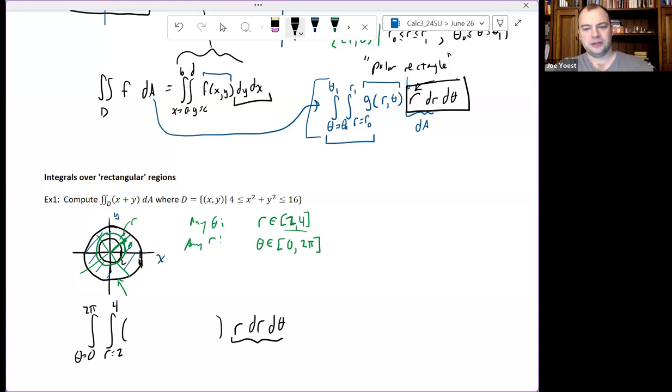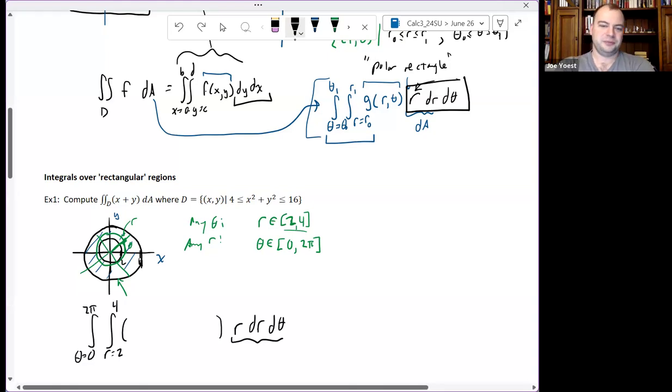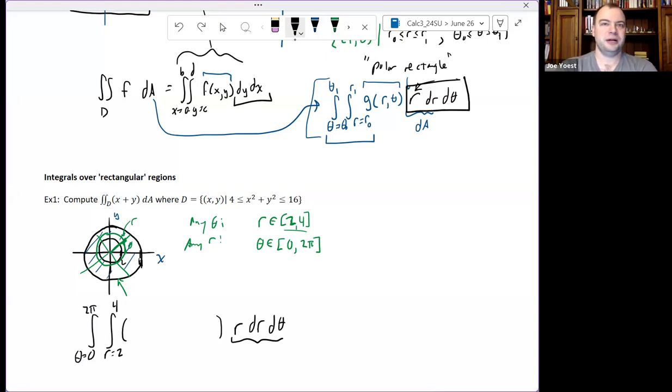Now, the second thing, of course, I can't just do x plus y here. I'm trying to integrate with respect to r and theta. So I've rewritten my region in terms of r and theta. That's usually the hard part. But I also have to rewrite my integrand in terms of r and theta.